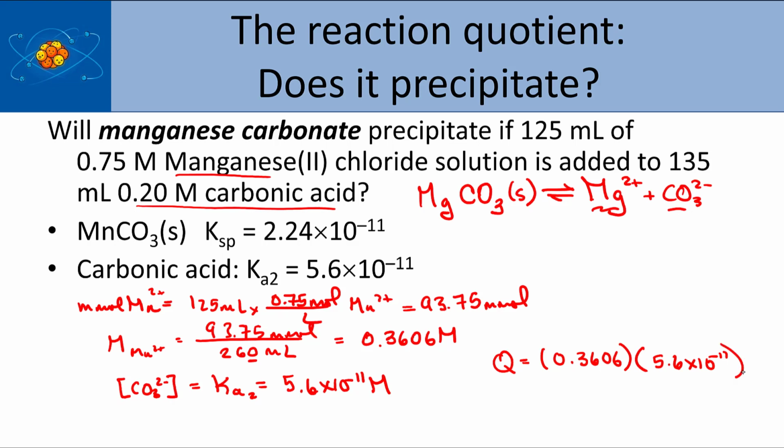So that'll end up coming out to 4.2 times 10 to the minus 11. Now, when we look at this Q value, I have a K for the manganese carbonate, which is just a smidge smaller. But in essence, what this is telling us is a precipitate should form. It might be only a small amount, but it should form.